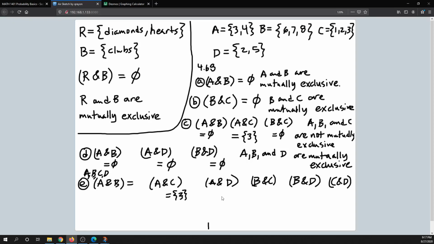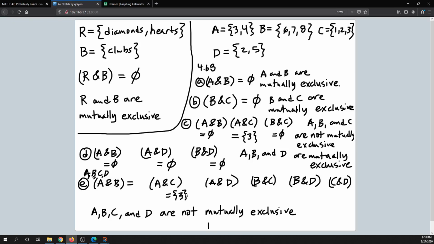Once you have one of these that has a non-empty "and," then the problem's over, and you can say that A, B, C, and D are not mutually exclusive. Because some of these events can happen at the same time. A and C can happen at the same time. So if you find one that's not empty, then the problem's over.